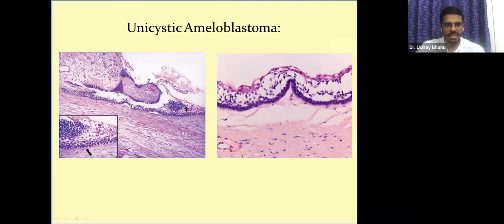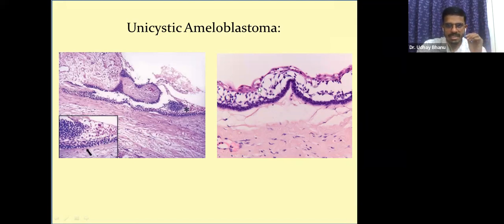So you can see over here, these cells that are lining the cyst, the so-called cyst, will present with tall columnar cells with a palisaded appearance, hyperchromatic nuclei, and a polarization of the nucleus away from the basement membrane. So all of these fall into Vickers and Gorlin's criteria.